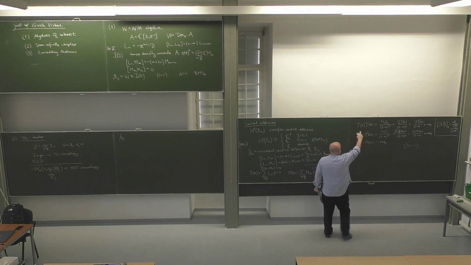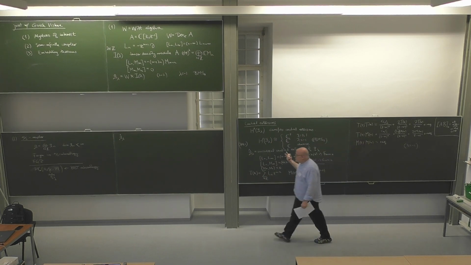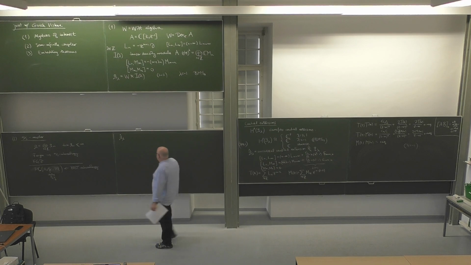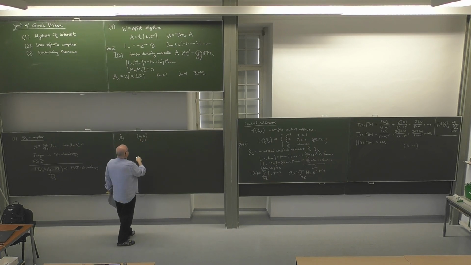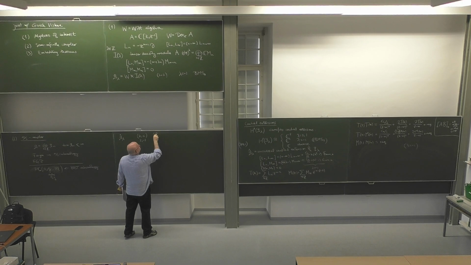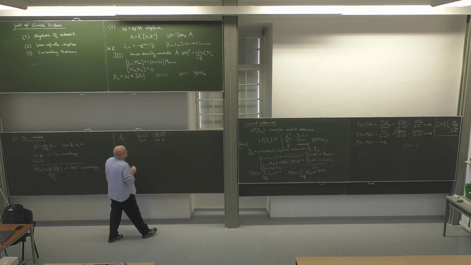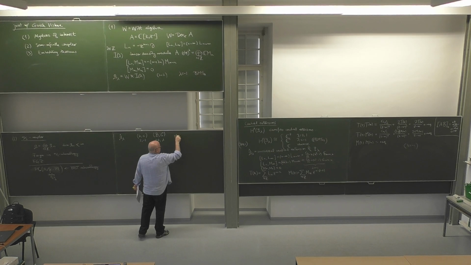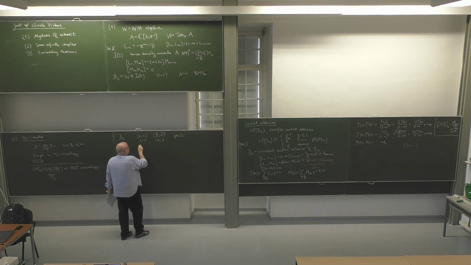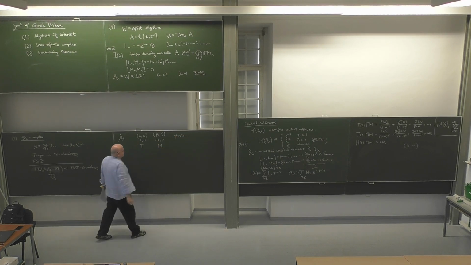We have two fields, T and M. So we introduce a fermionic BC system of weights 2 and -1. These are the ones corresponding to T. And other ones, which I'm going to call BC, capital like that, are the ones of weights 1 minus lambda and lambda. And so these are the ghosts. If you want, these are the ghosts for T, and these are the ghosts for M.